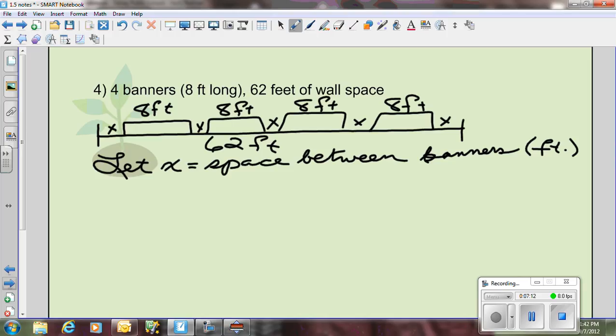Okay. Any ideas? Raise your hand if you can give me the equation you would write to represent this. 5x minus 16. Wait, 5x plus 4 times 8 feet equals 16 feet.